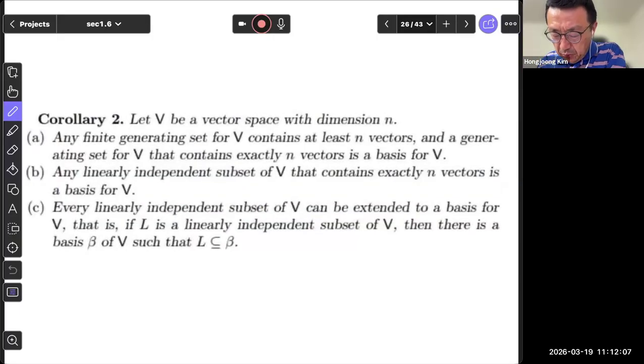The next corollary is the following. Suppose that we have a finite dimensional vector space V, so this V is an n-dimensional space. Then any generating set for V contains at least n vectors.